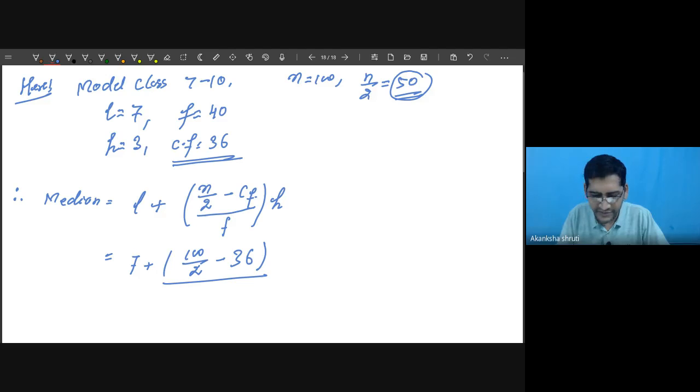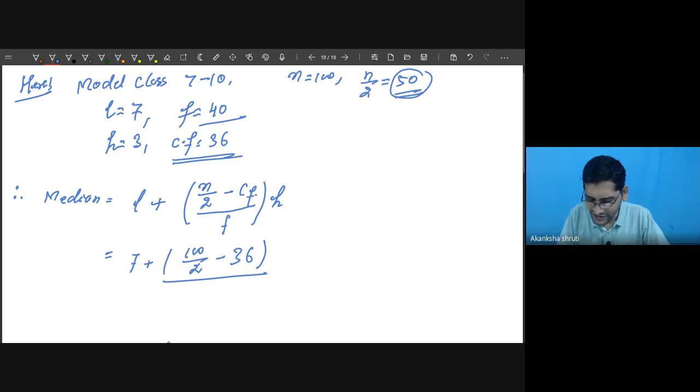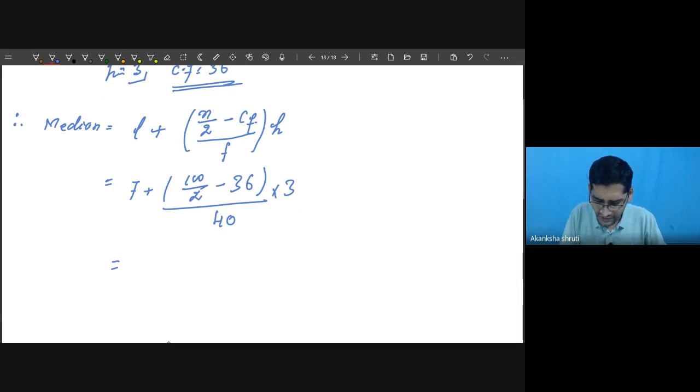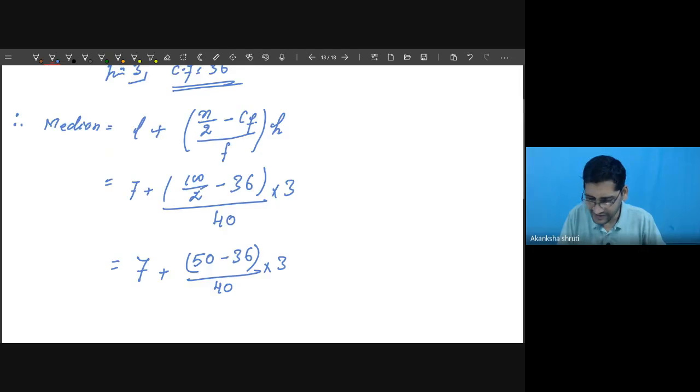This has to be divided by the frequency f which is 40, and this has to be multiplied with h, 3. That's all. So just we have to do the calculation. Please do this calculation correctly. It is like 50 minus 36 in the numerator divided by 40. This has to be multiplied by 3.